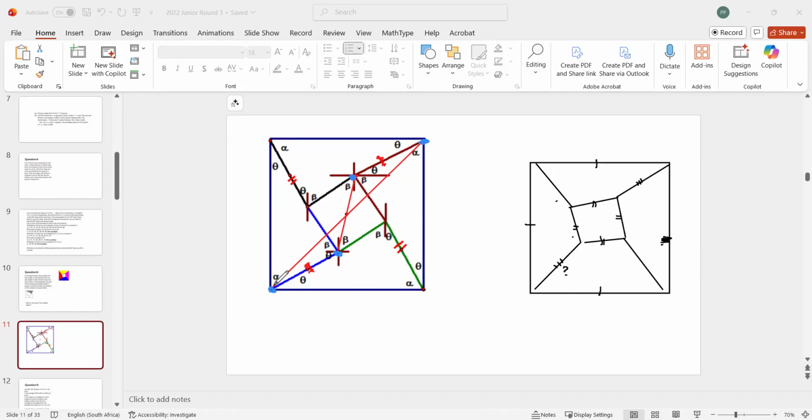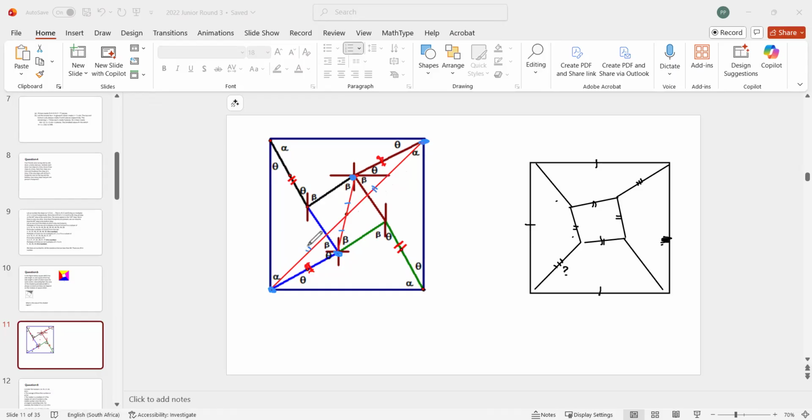Right? This point, that point, that point, and that point. Now these are the diagonals. The two red lines are the diagonals of that quadrilateral. And now because this is the center of the small square, right, this point is the midpoint of this diagonal. In the same way, it's the center of the large square, so it's the midpoint of this other diagonal as well.